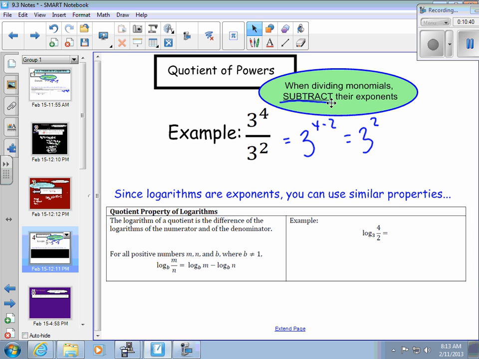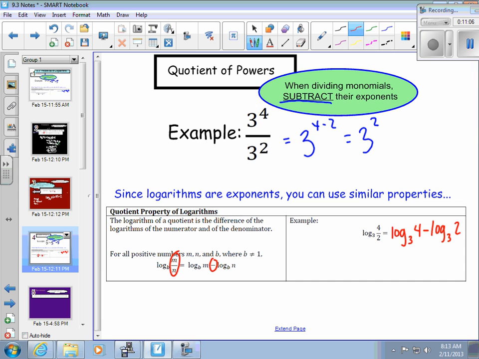The same is true with logs. If you're dividing logs, it changes to subtraction of those same two logs. So in this example, if you got log base 3 of 4 divided by 2, another way to write that would be log base 3 of 4 minus log base 3 of 2. It's always the top one minus the bottom one.